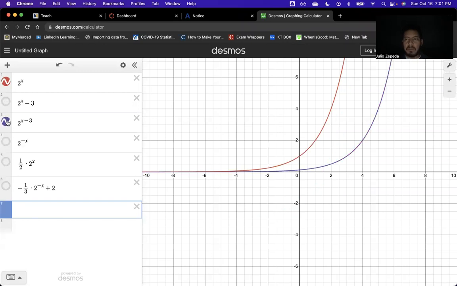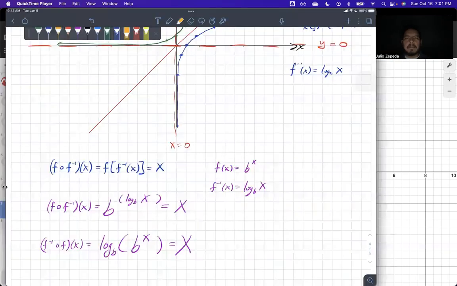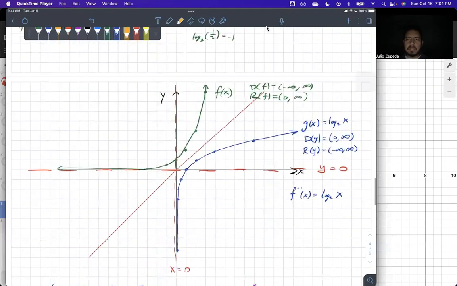We can shift the graph to the right or to the left. We can reflect a graph across the y-axis, scale it vertically, or do all sorts of things: scale it, reflect it, and then shift it. And so if you remember our function transformations lesson, then you won't have too much trouble graphing the other graphs on the graphing portion of this worksheet.